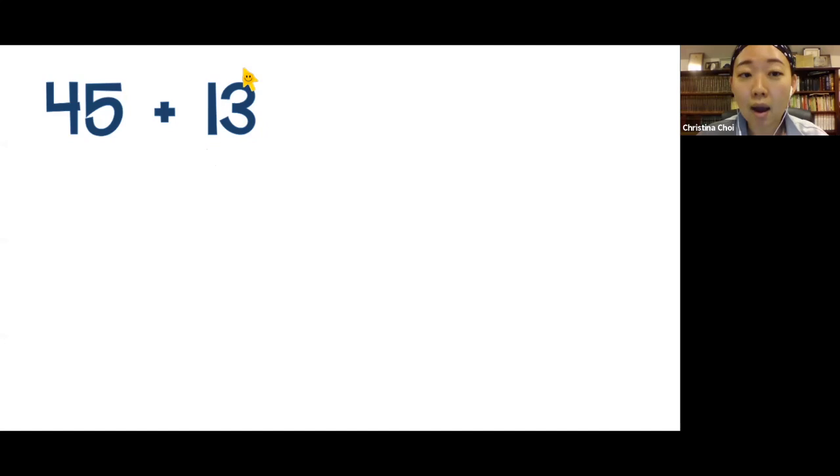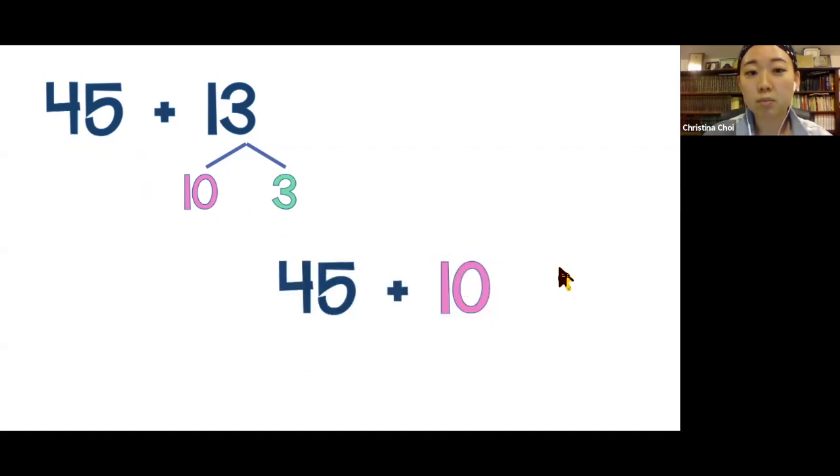Okay, now, kind of like what we did for Module 4, we're going to make our number bond trying to find our friendly number 10. I'm going to choose the smaller number out of the two, and then break off the friendly number 10 because it's hiding under there, and then a 3. So then it's easy for 45 plus 10 to be what?